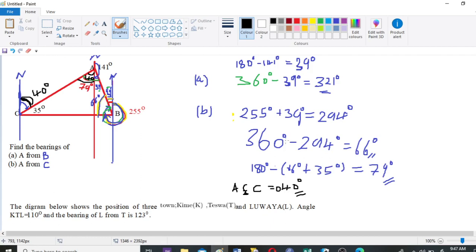The first thing we used was the concept of adding 255 and 39, and we got 294. Then from 360 minus that 294 we found 66, which helped us find one of the interior angles of a triangle. After having two interior angles of a triangle, of which the summation should give us 180, we subtracted 35 degrees plus 65 degrees from 180 and got 79.